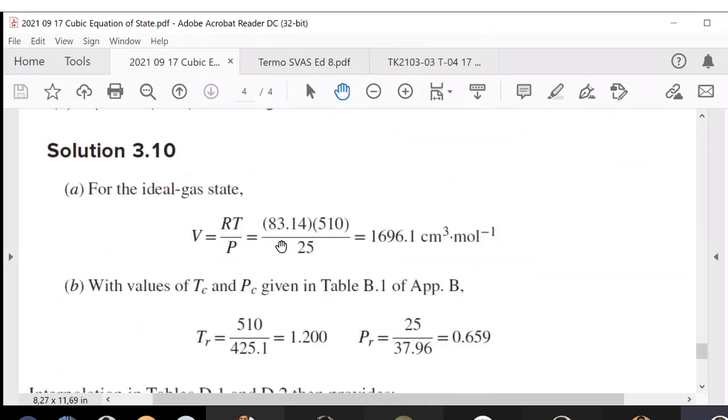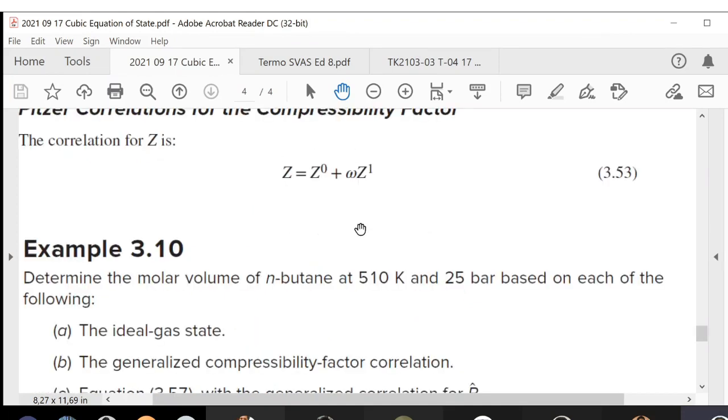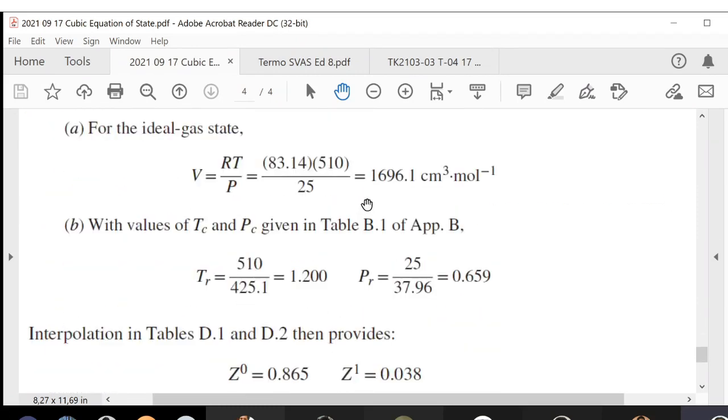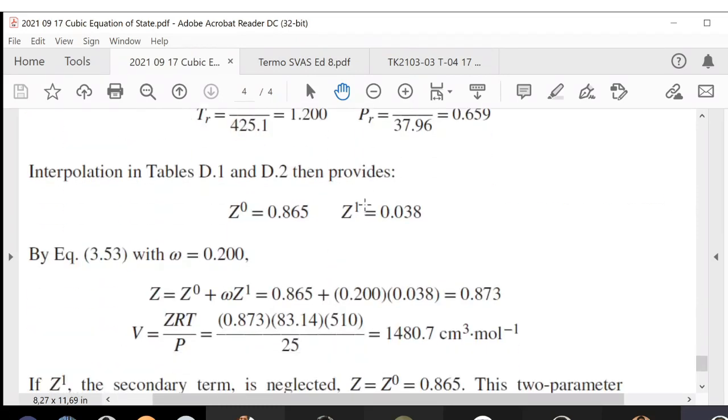In the ideal gas state, it is simple: V equals RT over P. You put temperature, you put pressure, this is the R, and we get the volume as an ideal gas. Now, if we want to use the concept of Z0 and Z1, we will use a chart or table that we call the Pitzer and Lee Kesler.